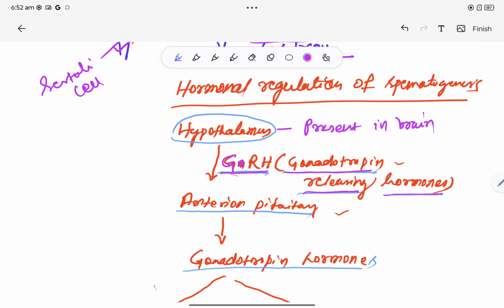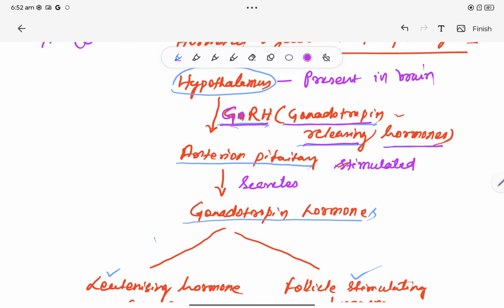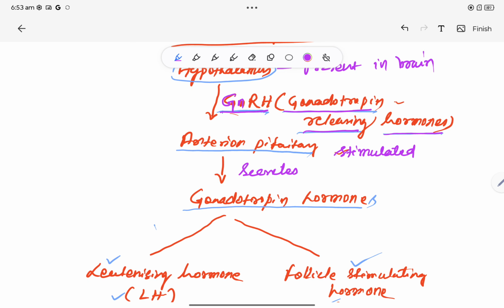Now when this hormone is secreted in large amount, it stimulates the anterior pituitary. Now when the anterior pituitary is stimulated, it secretes gonadotropin hormones. So what are gonadotropin hormones? The gonadotropin hormones are those hormones which regulate the function of gonads.